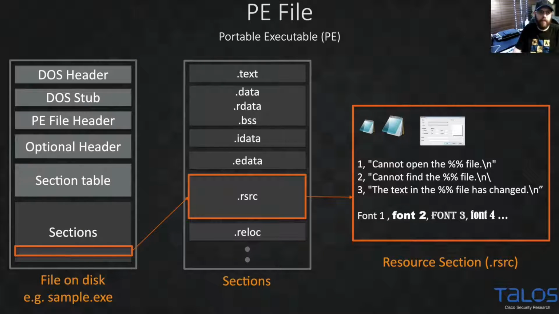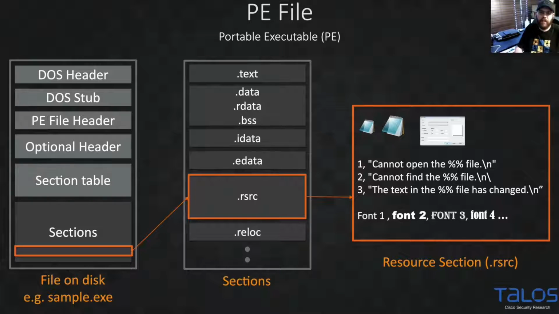So from a PE file format perspective, one of the things I wanted to point out is that there are a lot of different sections within the PE file format. You've got headers, you've got the DOS stub, you've got the PE file header, you've got optional headers that can be included, and then you've got the section table that defines the different sections within the executable. Each of the sections is responsible for different elements of the overall PE file execution.